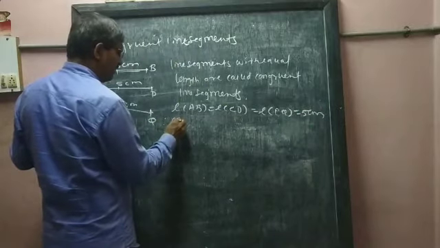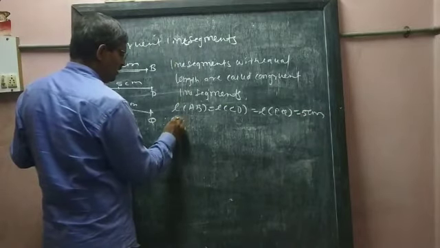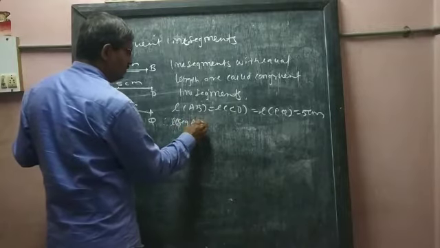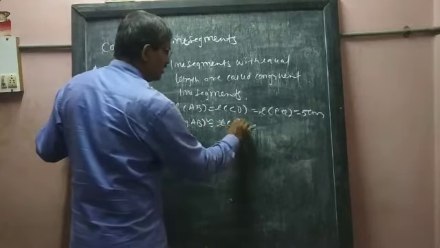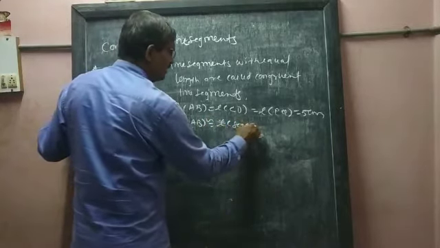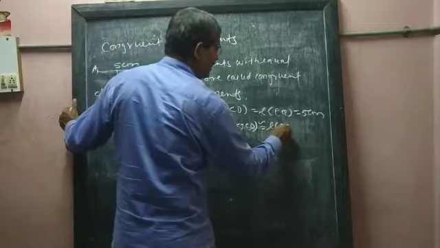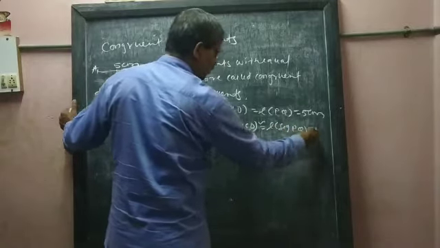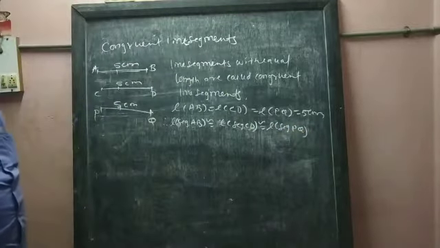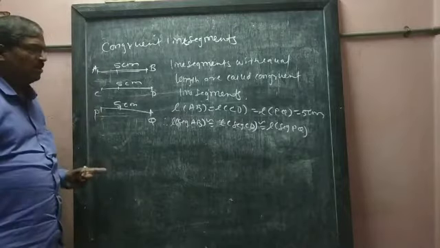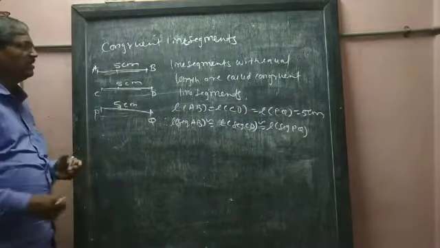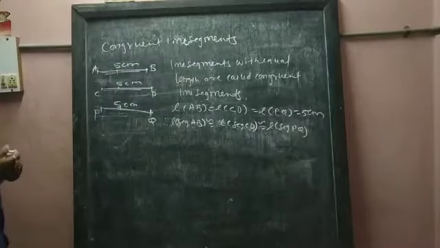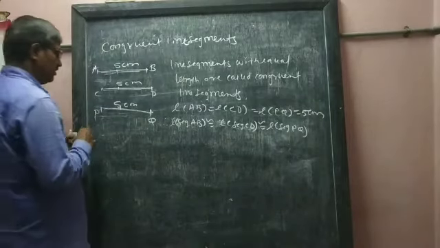Therefore, we will write L(seg AB) congruent L(seg CD) is congruent to length of seg PQ. Why? Because they have the same length or their length is equal. Therefore, these line segments are called congruent line segments.